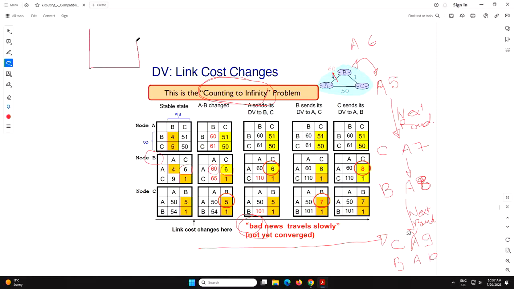3 columns. Destination, next hop, and the estimated cost, 3 columns, right?